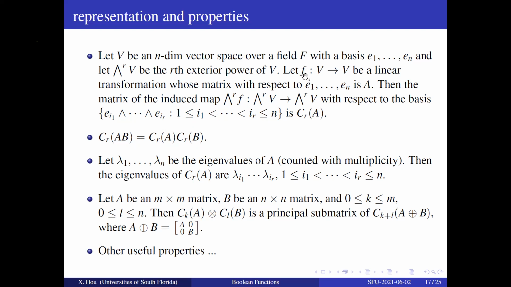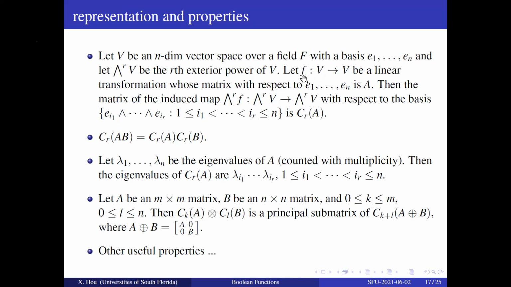Let's consider a linear transformation from V to V, called F. Let's assume that the matrix of F with respect to the chosen basis E1 through En is A. This is an n by n matrix.